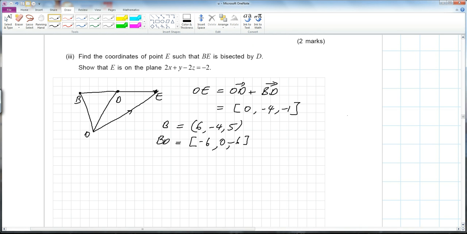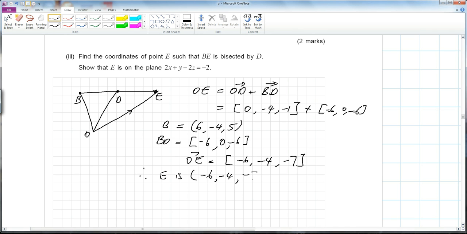So that's plus minus 6, 0, minus 6. So OE is the vector minus 6, minus 4, minus 7. Therefore E is minus 6, minus 4, minus 7.